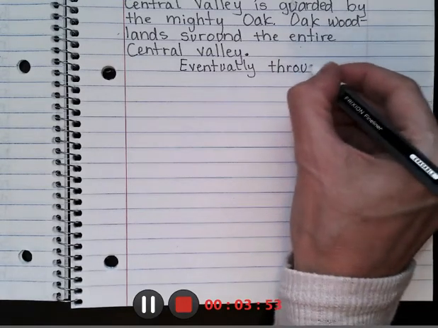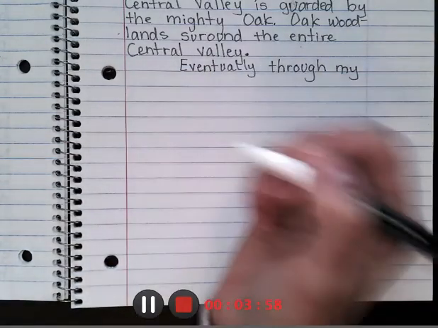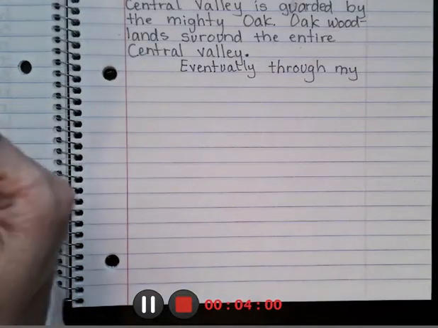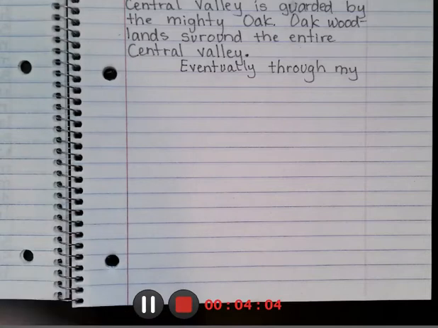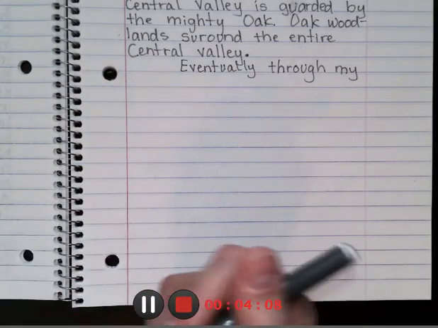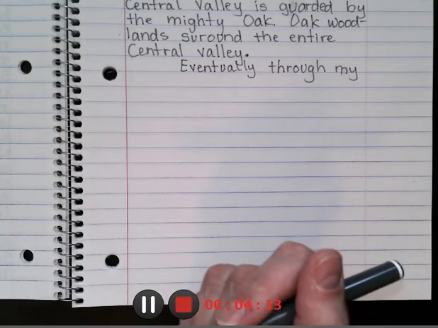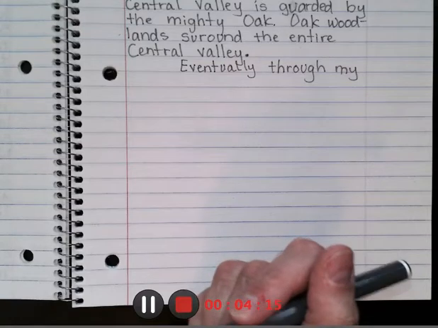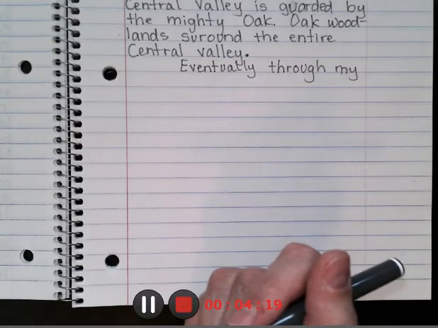Through my long hike. Remember, say it out loud because we speak how we write. So I want to say eventually through my long hike through the San Joaquin Valley, I encountered what I've been waiting to see, the amazing endangered kit fox.